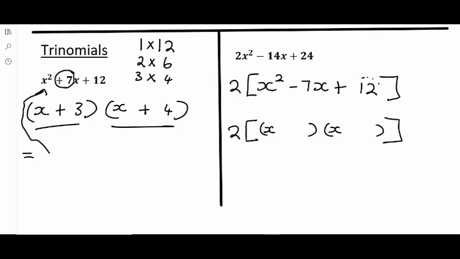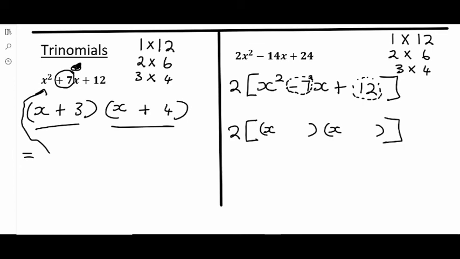So same as before, we're going to look at the constant factor and get the factor pairings out of it. It's actually the same as before because we did the 12 in the previous question. Well, how do I get minus 7? Remember in the previous one, it was positive 7. This is a minus 7. This changes the game, not too much.